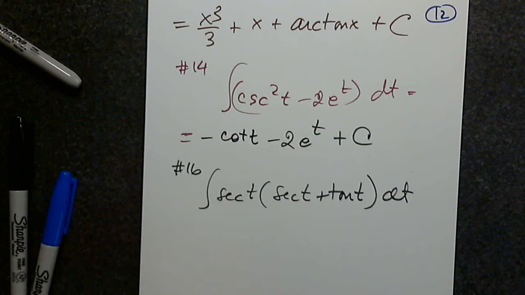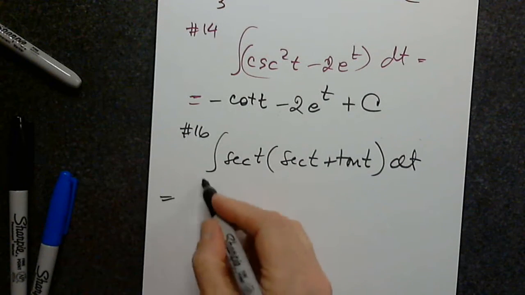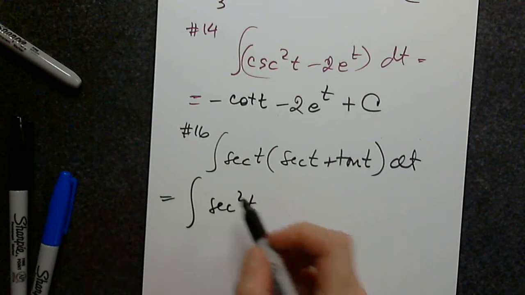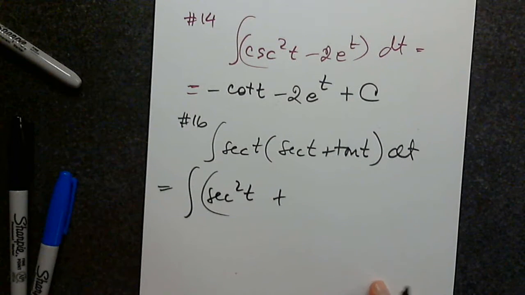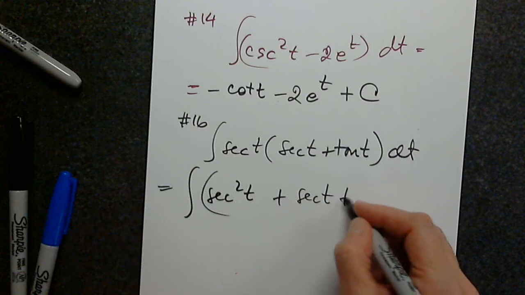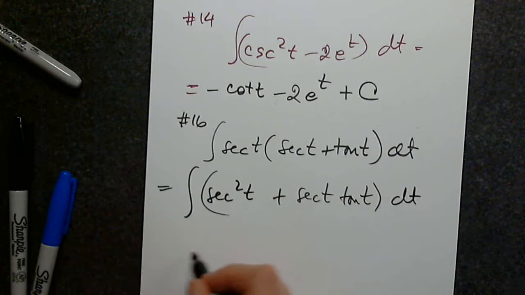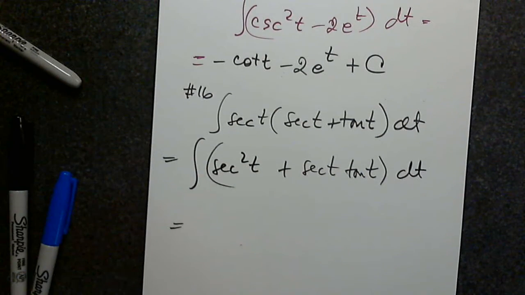So secant t, in parentheses, secant t plus tangent t dt. So what should I write first? Secant squared t plus secant tangent. And now I'm ready.